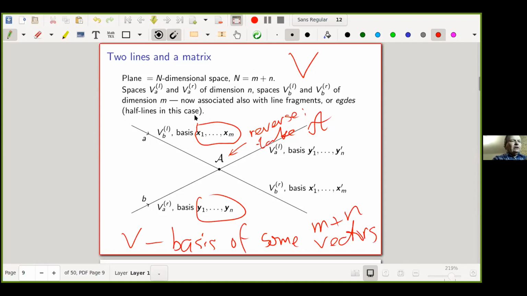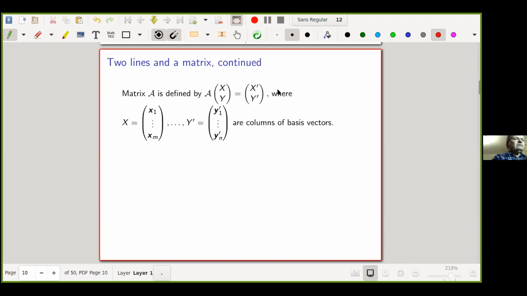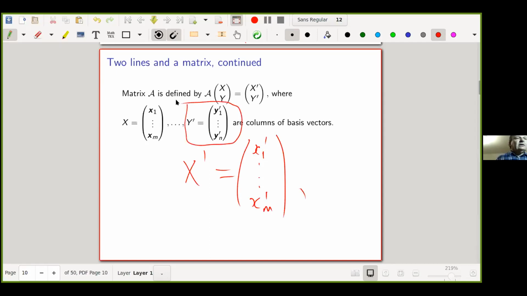Then you have, as I said, this matrix now given to you, and you construct this new basis x prime like this, and y prime like this, just from this relation now acting as a definition.